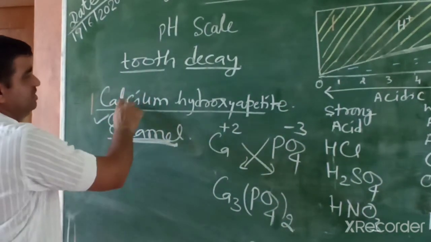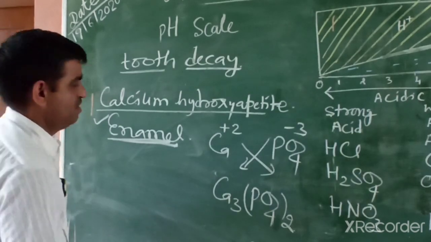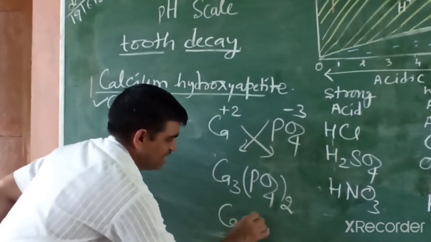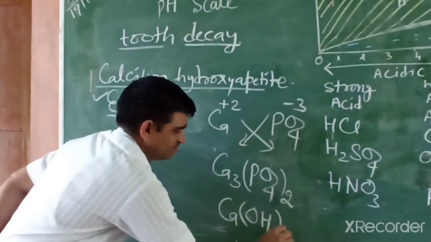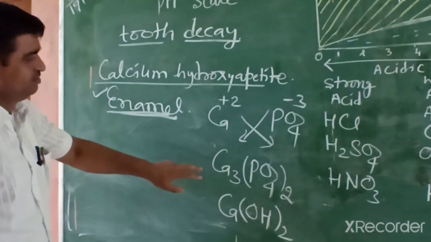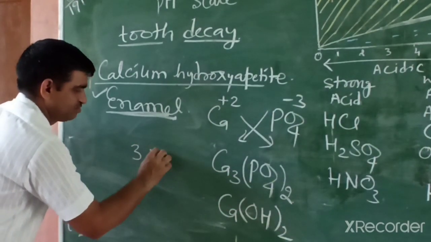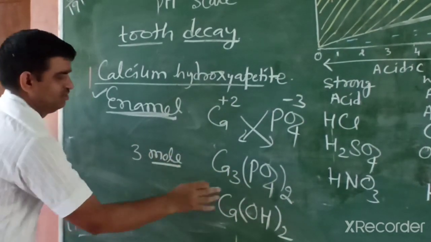But in calcium hydroxyapatite, this is one compound, and another compound is also found in it, calcium hydroxide. These compounds are in the ratio of 3 moles of this one and 1 mole of this one.